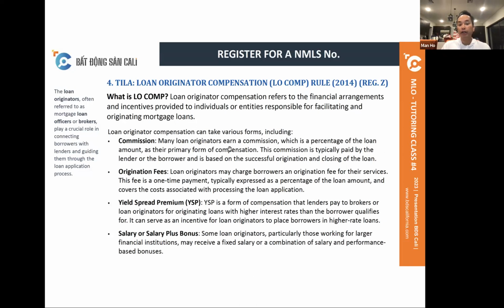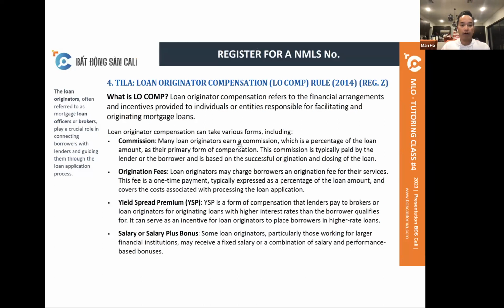Many loan originators earn their income through commission, which is a percentage of the entire amount of the loan. Okay, and like I say, sometimes you get a commission, but you also have to share that commission with the broker, as well as paying the loan officer and loan processor, right?